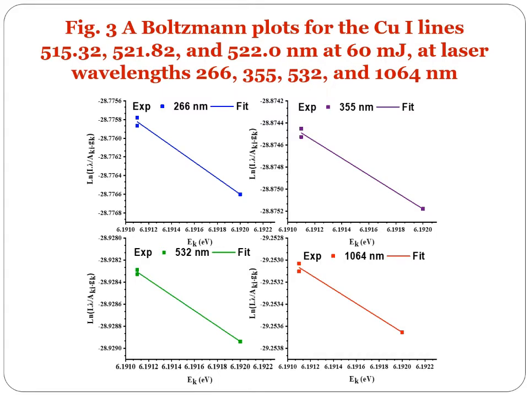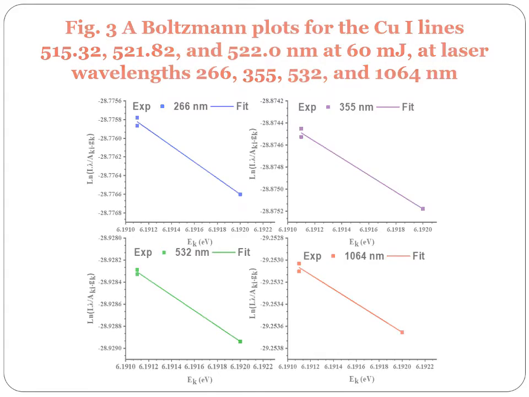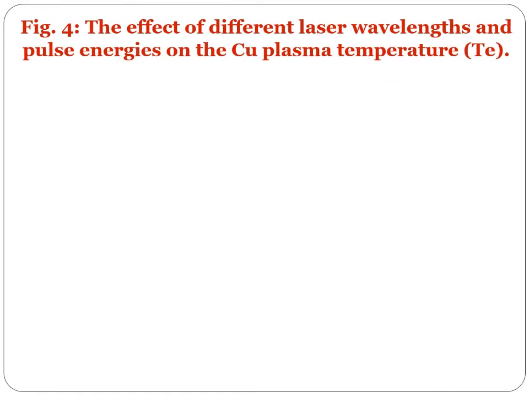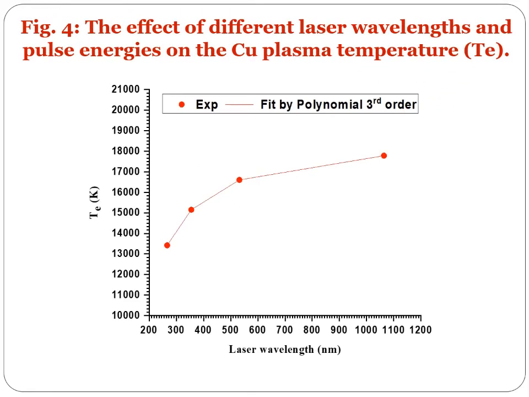From these Boltzmann plots, we got the plasma electron temperature for each laser wavelength, and we found that the electron temperature increased with the laser wavelength, changing from around 13,000 Kelvin to 20,000 Kelvin.